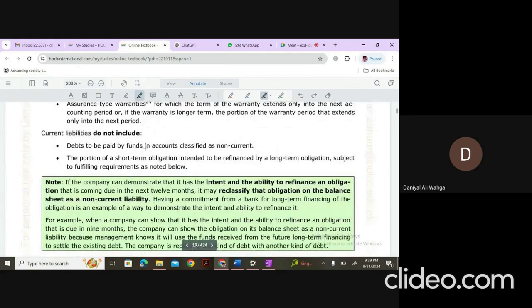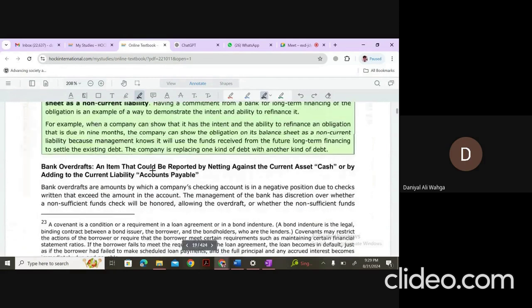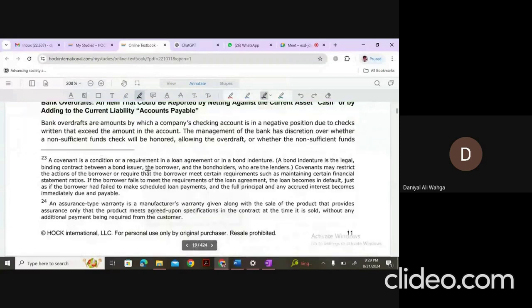Current liabilities do not include debt to be paid or funds to be accounted for. Classified debts as non-current, meaning lease liabilities and long-term debts, are not a part of it. The portion of short-term obligation intended to be refinanced by long-term obligations. Bank overdrafts, an item that could be reported by netting against the current asset cash or by adding it to the current liability as needed.